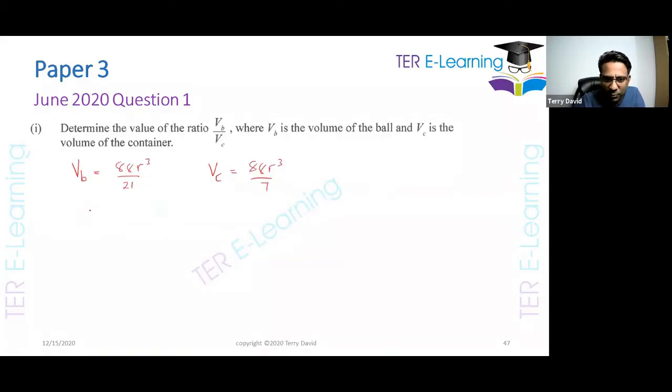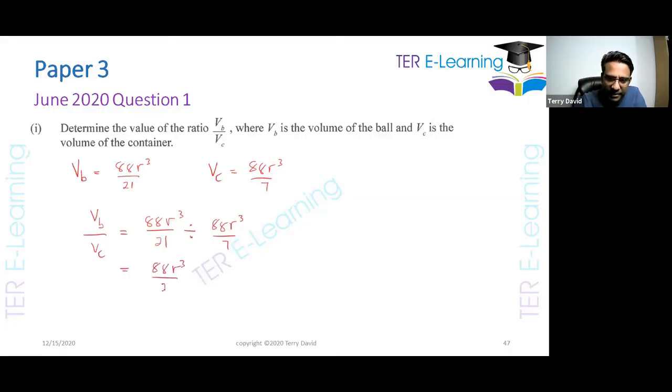And the question wants us to work out VB divided by VC, right? So all we're going to do is take VB and divide it by VC. So this is 88 r cubed over 21 divided by 88 r cubed over 7. When you are dividing fractions, remember we change the division sign to a multiply sign.